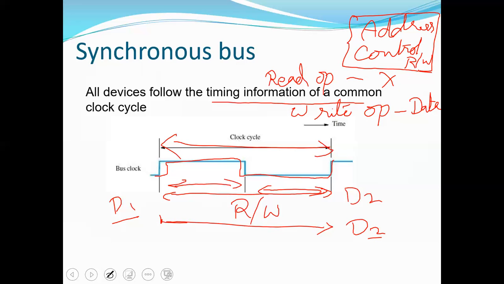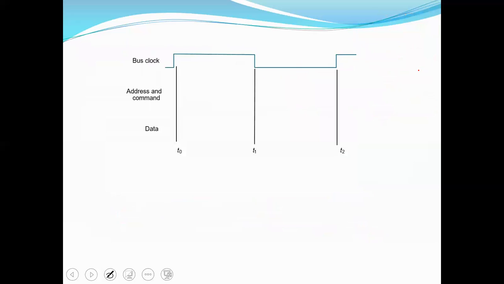Okay, so whenever I am passing the address, first the master, whoever the master is, we are taking it as a processor here. The master has to put the address first in the address and command or control bus. He has to put the address and the control, whether it is a read or write operation.